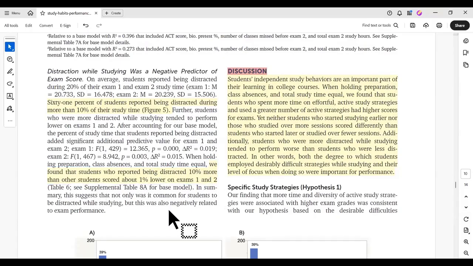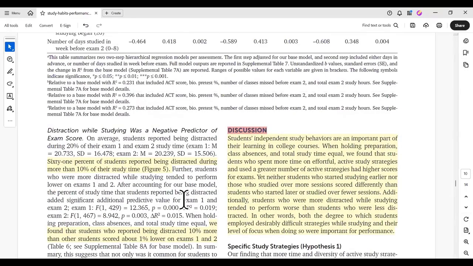We found that students who reported being distracted 10% more than other students scored about 1% lower on exams 1 and 2. Well, 1%, that doesn't seem like that much. But there's a big difference in students who were distracted a lot versus much less, right? So looking at sort of the actual effect size, how big a difference was there?